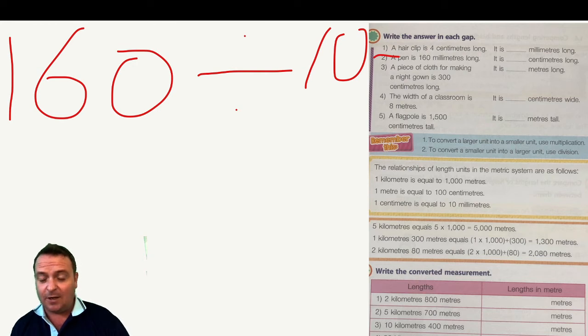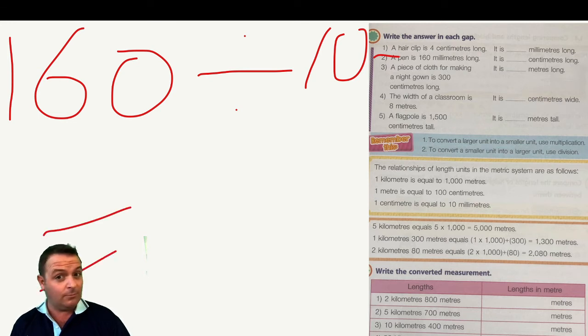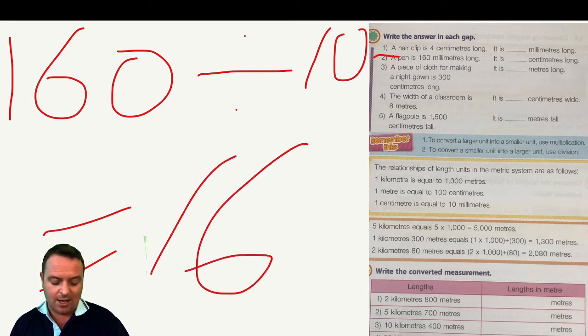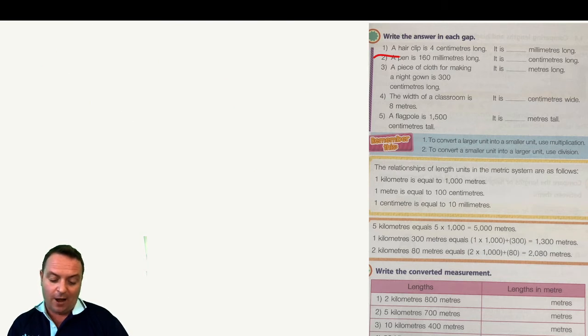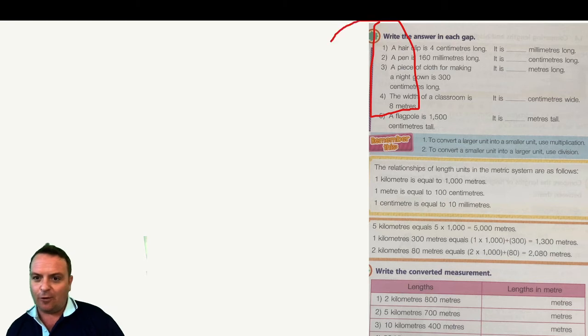So 160 divided by 10 equals 16. So your homework is to finish number 1, 2, 3, 4, and 5.